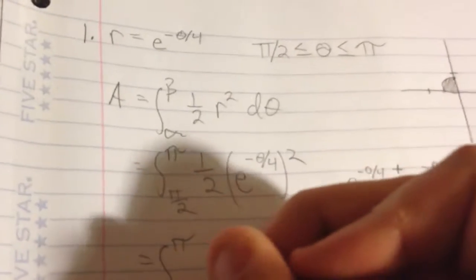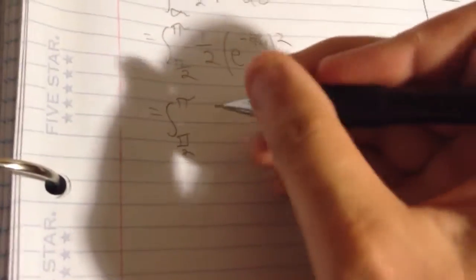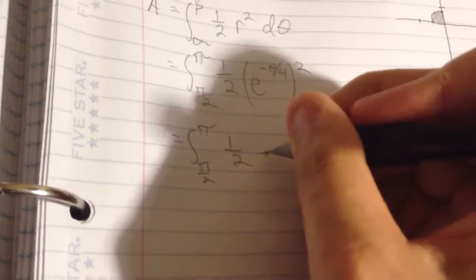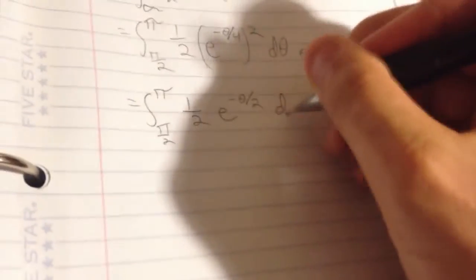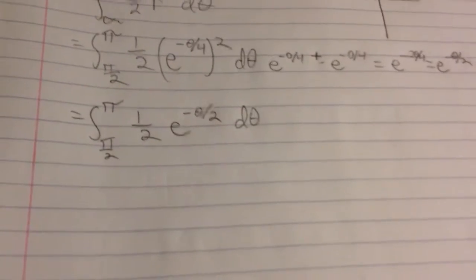So now we're going to rewrite this down here. From pi over 2 to pi, 1/2 e to the negative theta over 2 d theta, always forget the d thetas. So, naturally, we're going to be doing some u substitution to find our integral.